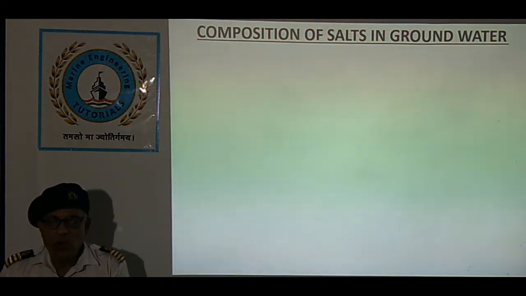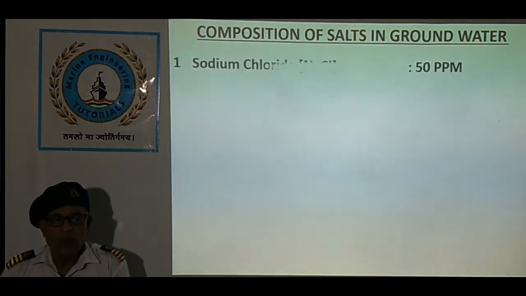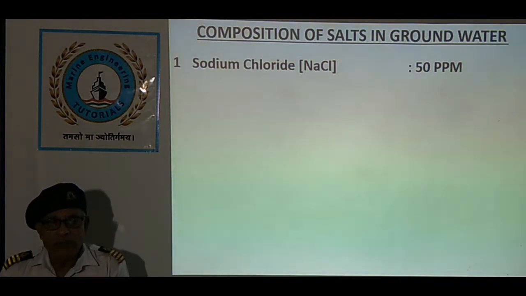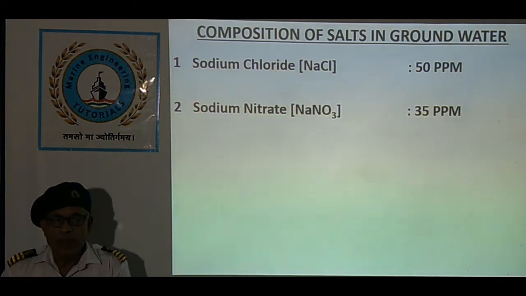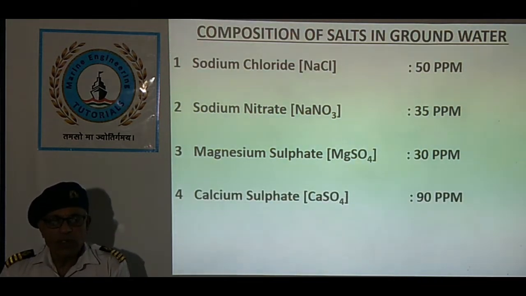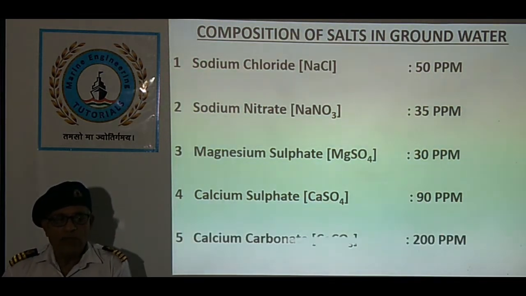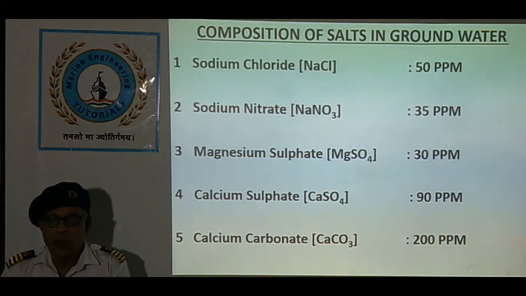Analysis of an average groundwater sample is given below, which consists of number 1, sodium chloride 50 ppm, number 2, sodium nitrate 35 ppm, number 3, magnesium sulphate 30 ppm, number 4, calcium sulphate 90 ppm, and number 5, calcium carbonate 200 ppm.